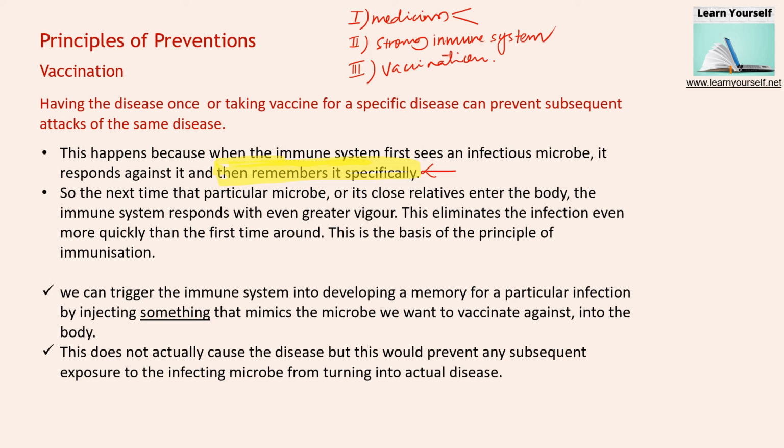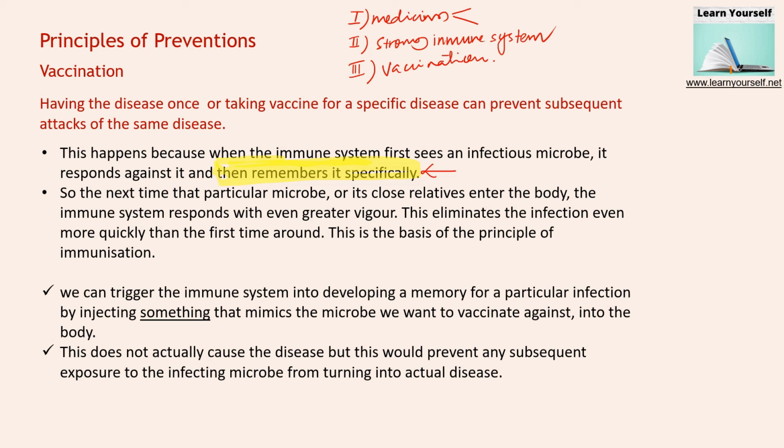So next time when you are exposed to this kind of infection, it will be very, very minor, or your immune system will take care of it successfully and it will go unnoticed. You will not even feel that you have been exposed to that particular disease. So based on this, all vaccines work.